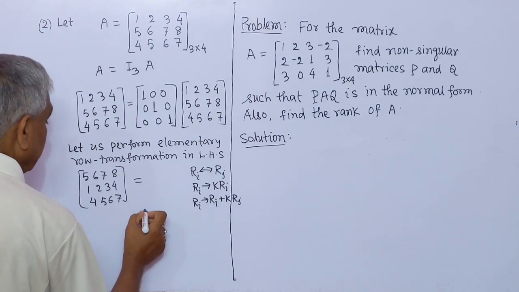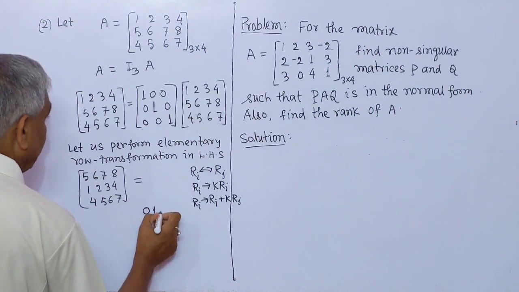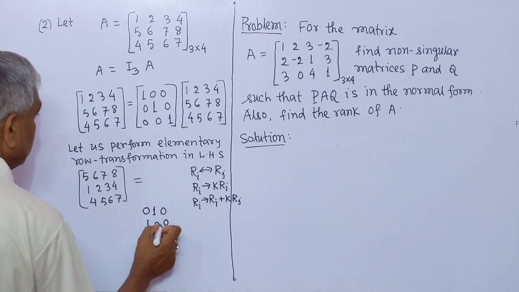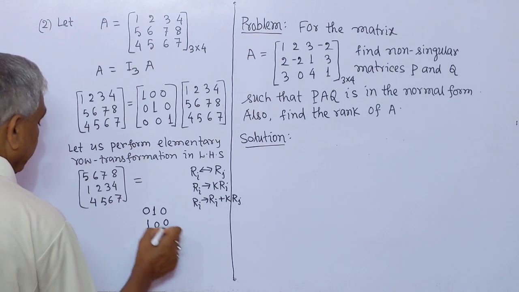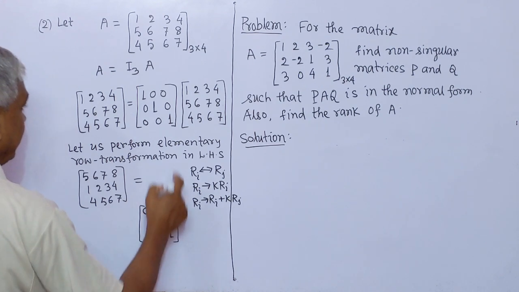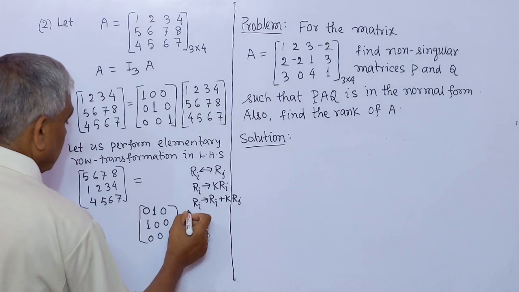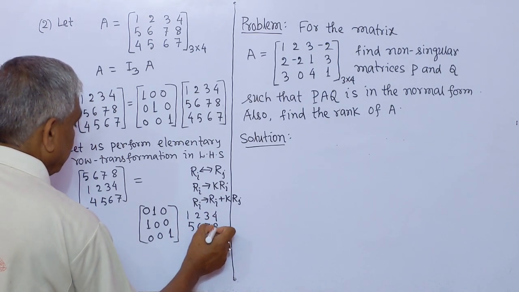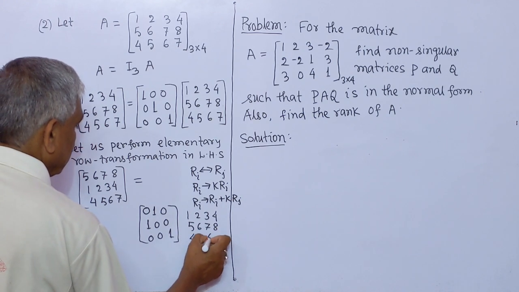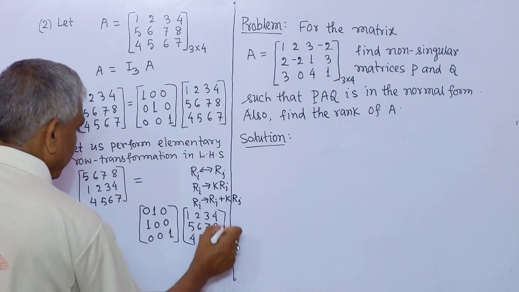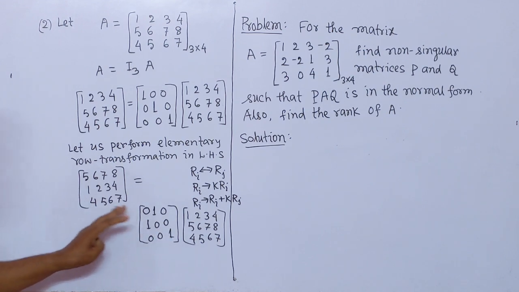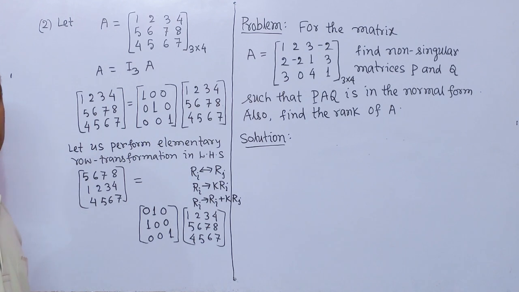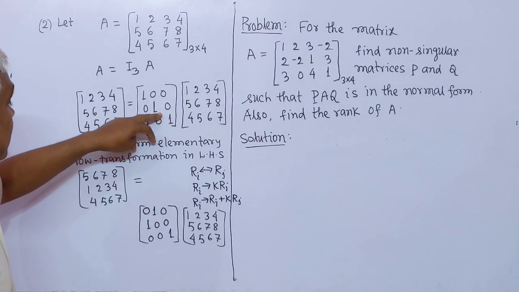We write the elements of the second row 0, 1, 0, then the elements of the first row 1, 0, 0, and 0, 0, 1. And this matrix remains the same. We get the same result on the left side if we perform the same elementary row transformation in I3.